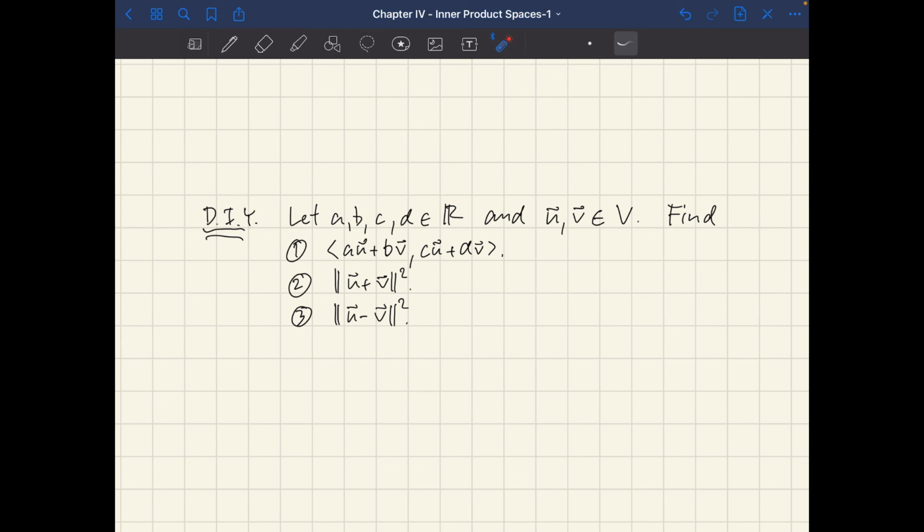Then find, number 1, the inner product of au plus bv and cu plus dv. For number 2, find the square of the norm of au plus v. And 3, find the square of the norm of u minus v. Okay, that's all for this clip.